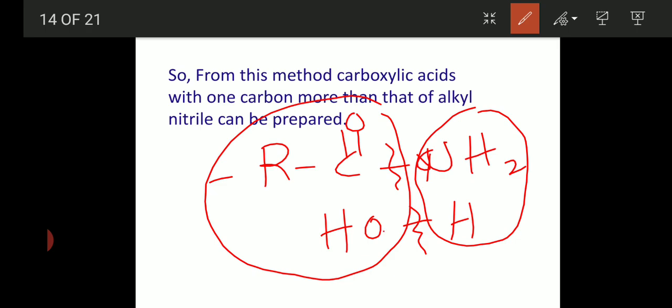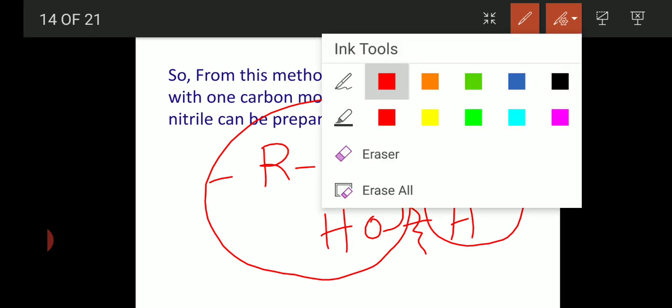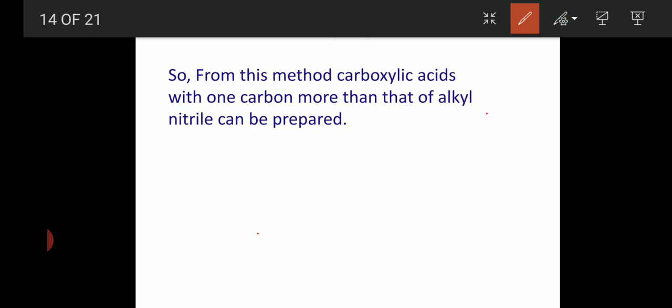It is connected from this side only, because breakage has occurred only on this side. So this is how we prepare carboxylic acids by the hydrolysis of amides. By the hydrolysis of alkyl nitriles, the intermediates are amides.